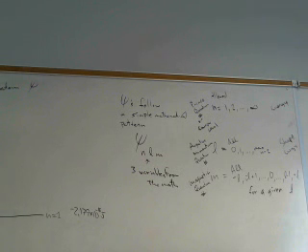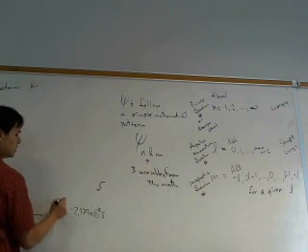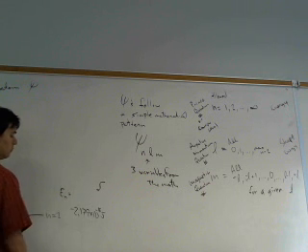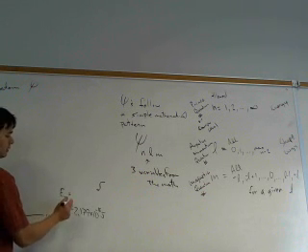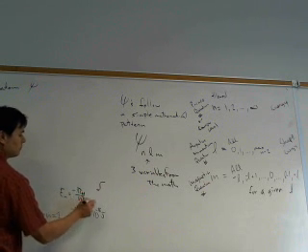In fact, from the Schrodinger equation we get the same equation that we had from the Bohr model: En is equal to minus R sub H over n squared.